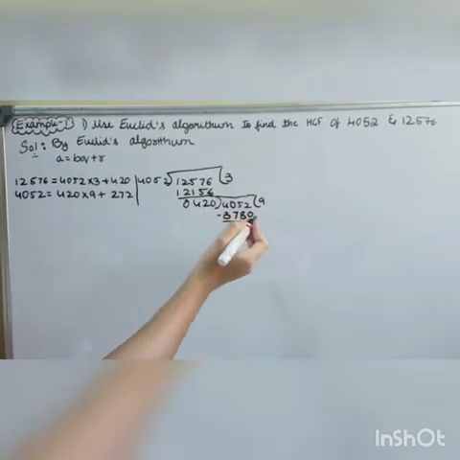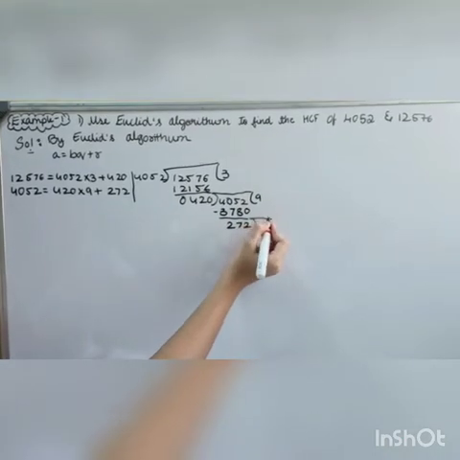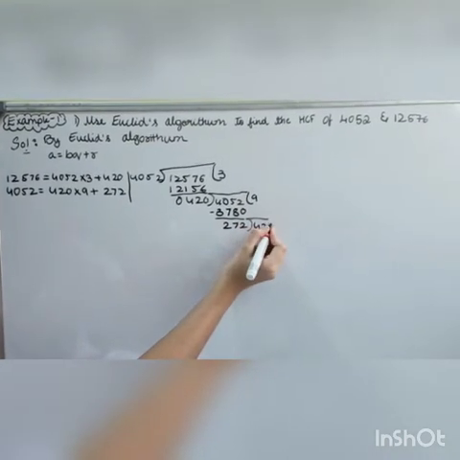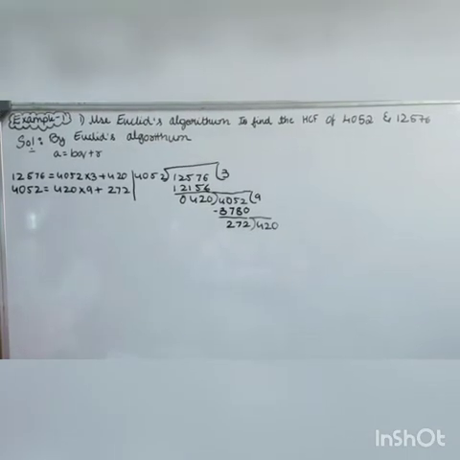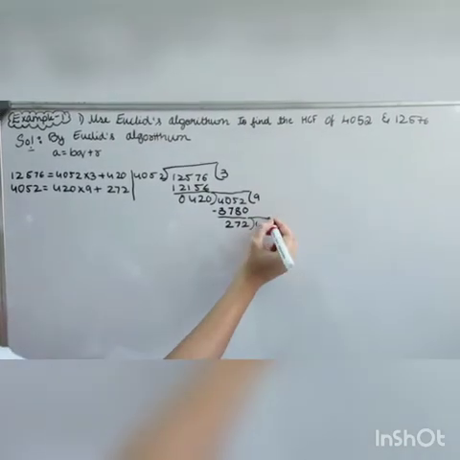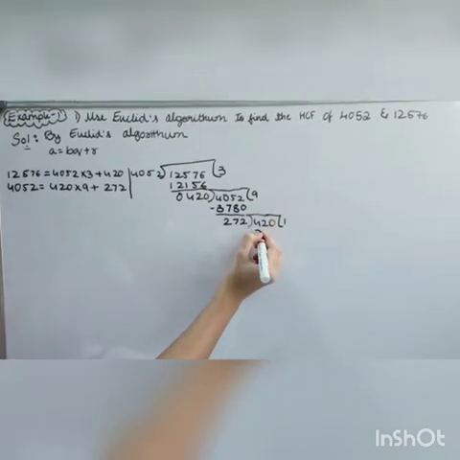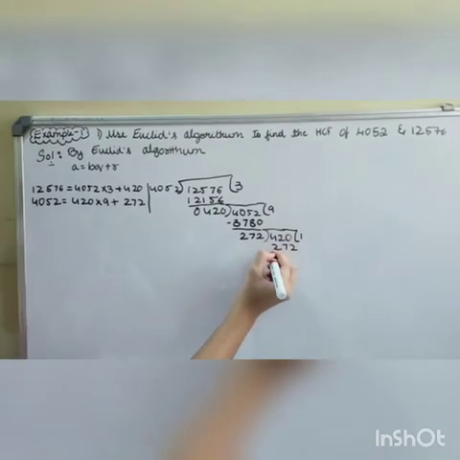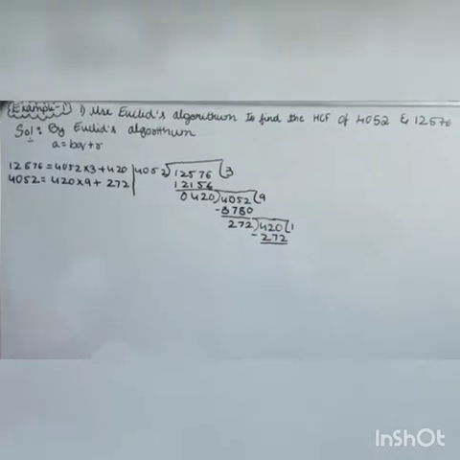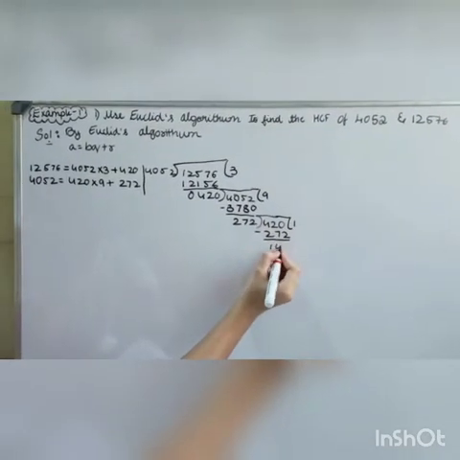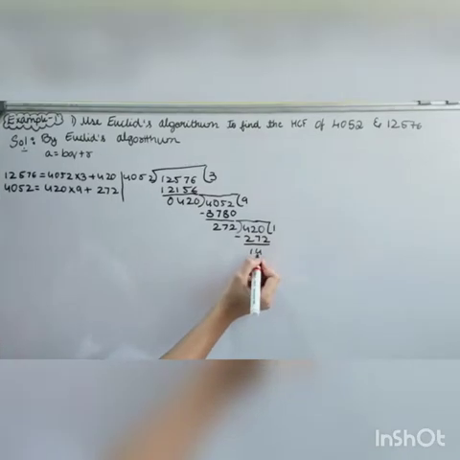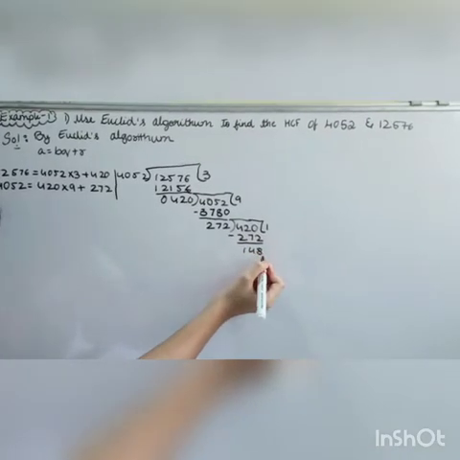Now this is the divisor here. Now we have to divide 420 by 272. I'll multiply it by 1, that is 272. If we subtract these numbers, I'll get 148.